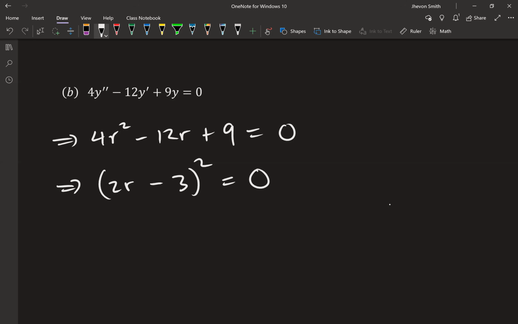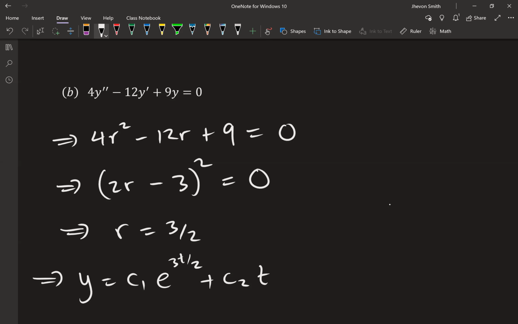This times this is minus 6r times 2 is minus 12r. So yes, that is the factors. And so my r is going to be 3/2, but that's only one solution. This means the general solution is c1 e to the 3t over 2 plus c2 t e to the 3t over 2.